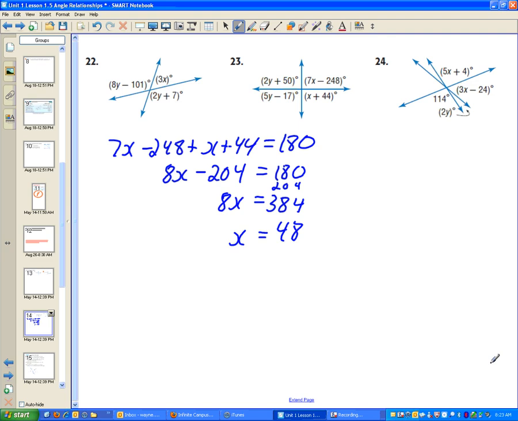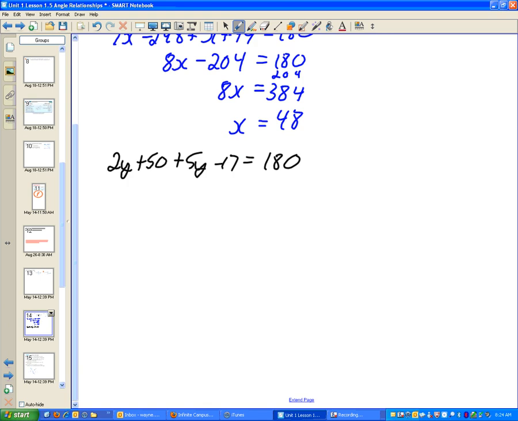How can we get y? Same idea, right? These two angles here and here are a linear pair. Linear pairs are supplementary. Supplementary angles add up to equal 180. So I can do 2y plus 50 plus 5y minus 17 equals 180.